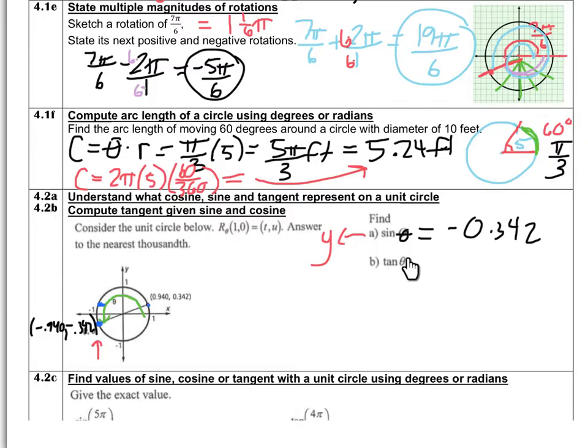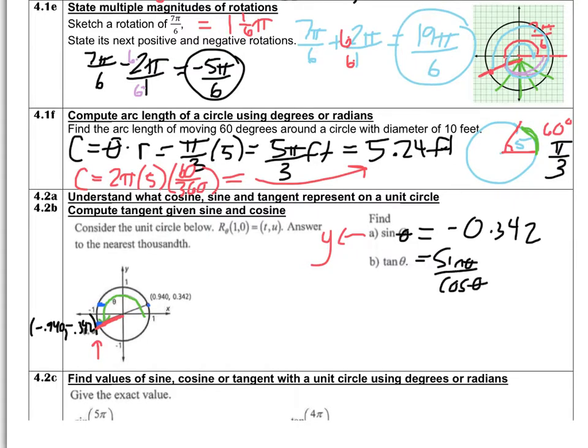Now tangent by definition is slope, and they want tangent of theta. The theta movement again is right here. So the slope of that angle movement, if you look at it, it's moving uphill. So one thing I know, the answer needs to be positive. But if tangent or slope, what it means is rise over run, or y over x, or in this case, sine of theta over cosine of theta.